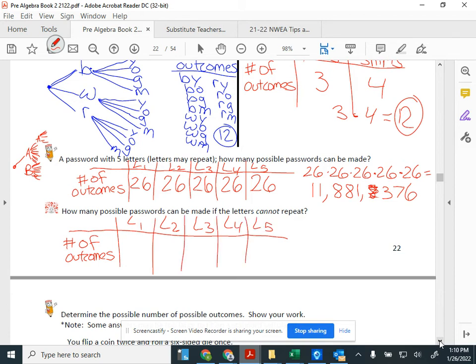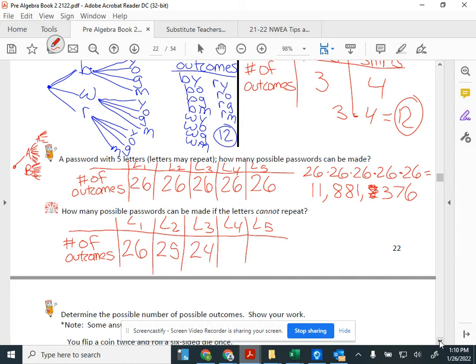How many possible outcomes do I have for letter 1, Paul? 26. There's 26 letters in the alphabet. How many possible outcomes for letter 2, Sam M? 25, because we cannot repeat. If we use that A, we can't use it again. So now we only have 25 possible outcomes. Ethan, how many for letter 3? 24.